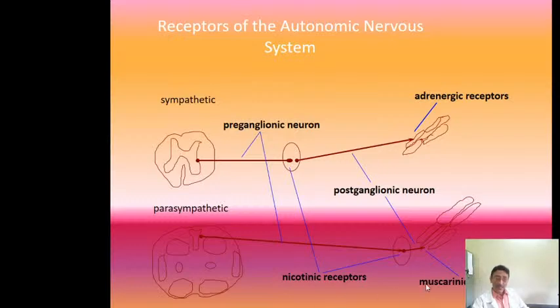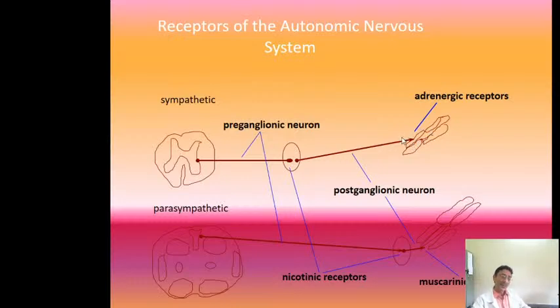Whereas the receptors present at the target organ, here you see this is the postganglionic parasympathetic neuron ending on the target organ, let it be the GI tract, the smooth muscle of the stomach, intestine, heart or the lungs. Here the receptors will be the muscarinic receptors. Whereas this is the postganglionic sympathetic fiber ending on the target tissue, let it be the heart or the GI tract or the stomach or the bronchial glands.